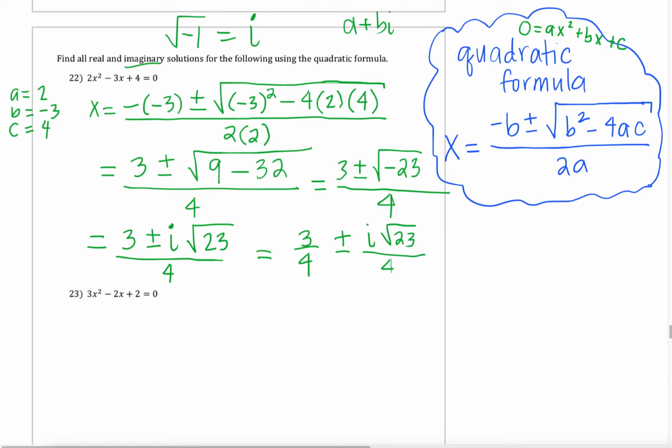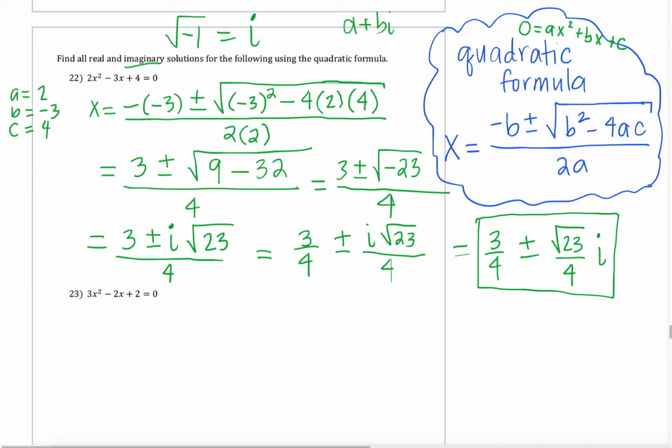So I've just split apart that division into both terms. But since we want it in the form a plus bi, I need to take it a little bit further, and I'll still have the 3 over 4 plus or minus my b term, which is going to be the square root of 23 over 4, and then I get times that i. That way it's just of the form a plus, or minus in this case, our b times our i. And those will be our final 2 answers.